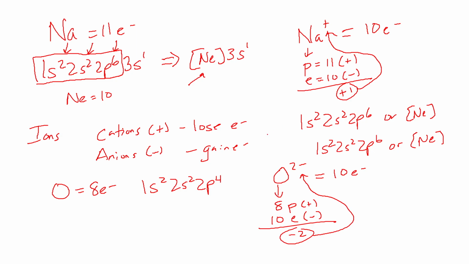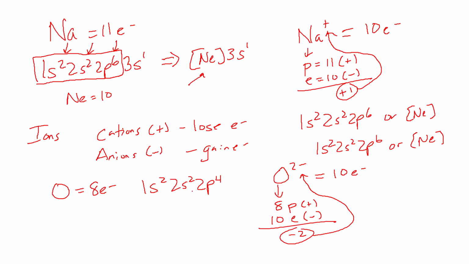Our neon's configuration. That means that when representative elements, not transition metals, but ones outside the transition metals, metals and non-metals, lose or gain electrons, they actually end up in the noble gas configuration. That's really, as you'll probably learn if you're doing chemistry, the purpose of bonding, for everybody to achieve that stable noble gas configuration.